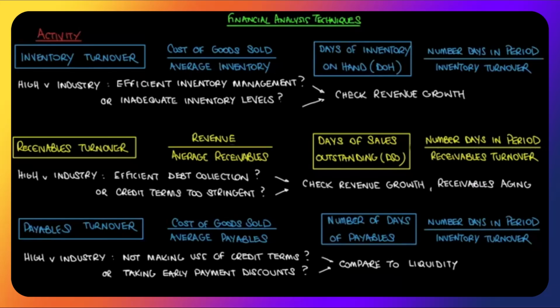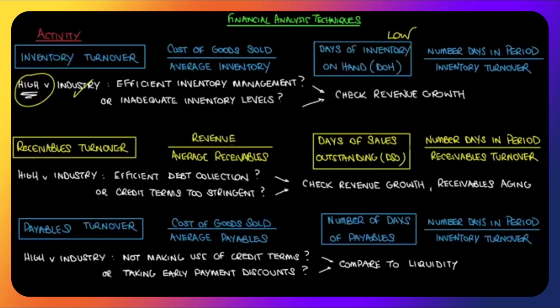Inventory turnover. We said number of times you sell your inventory during the year. If you can get that above the industry average, if you're high compared to your industry, that suggests, and I use that word advisedly, suggests that we are being efficient in our inventory management. We would have a high turnover and therefore, if this is high, a low days of inventory on hand.